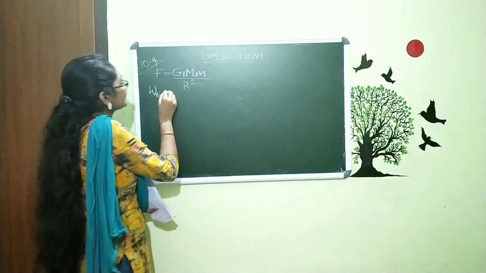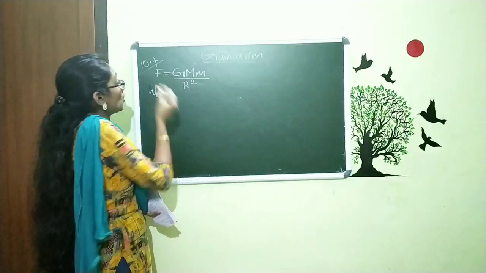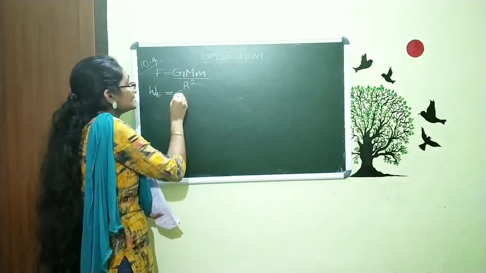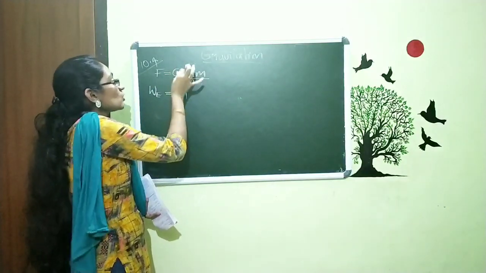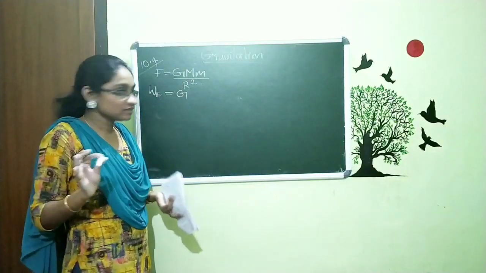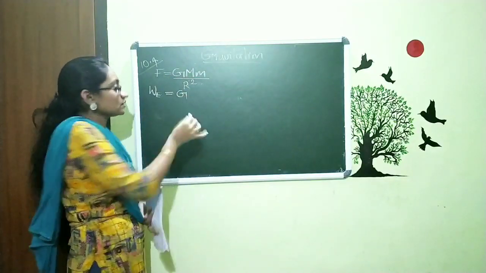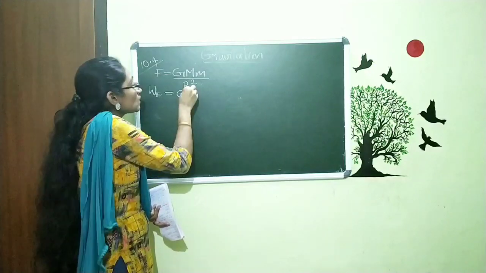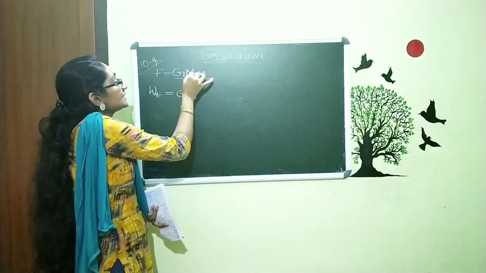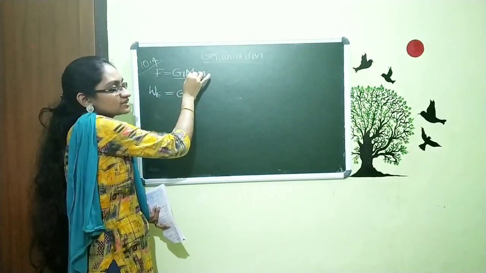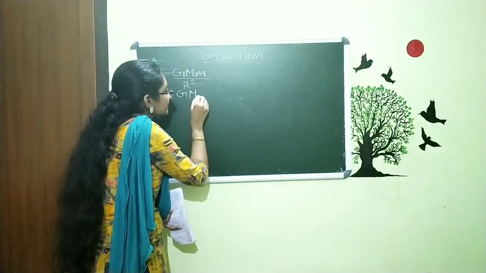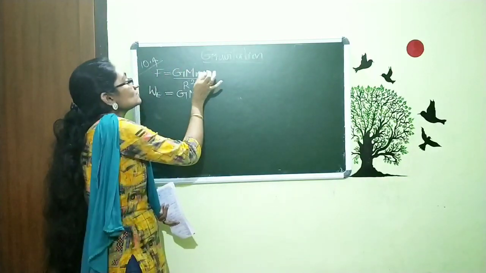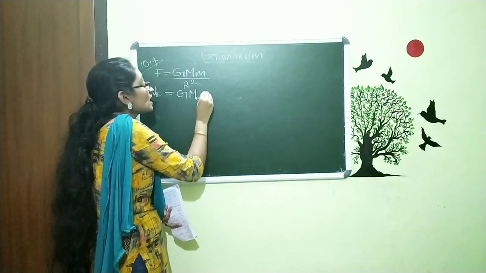So WE, the weight on Earth, I am going to write as G M m by r square. Here G is the universal gravitational constant, so it is a constant and unable to change. Capital M is the mass of the Earth, and small m is the mass of the object.